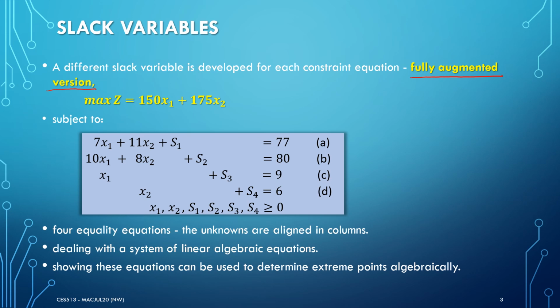So we have here maximize Z equal to 150x1 plus 175x2, subject to constraint A, 7x1 plus 11x2 plus S1 equal to 77, B, 10x1 plus 8x2 plus S2 equal to 80, and then constraint C, x1 plus S3 equal to 9, constraint D, x2 plus S4 equal to 6, and the positivity constraint, which is x1, x2, S1, S2, S3, S4 must all be greater than or equal to 0.